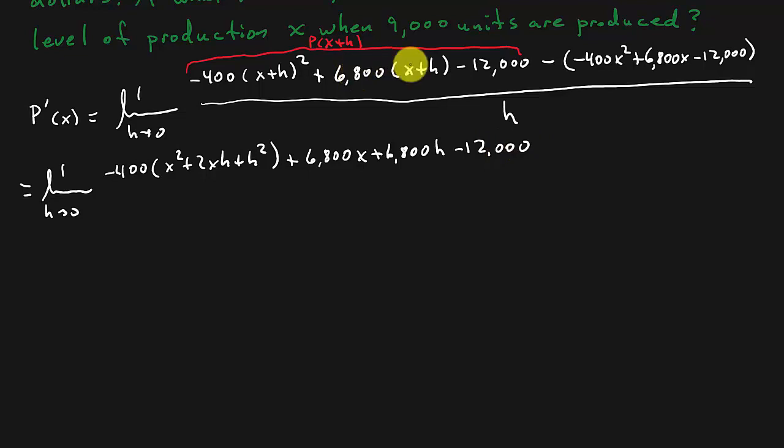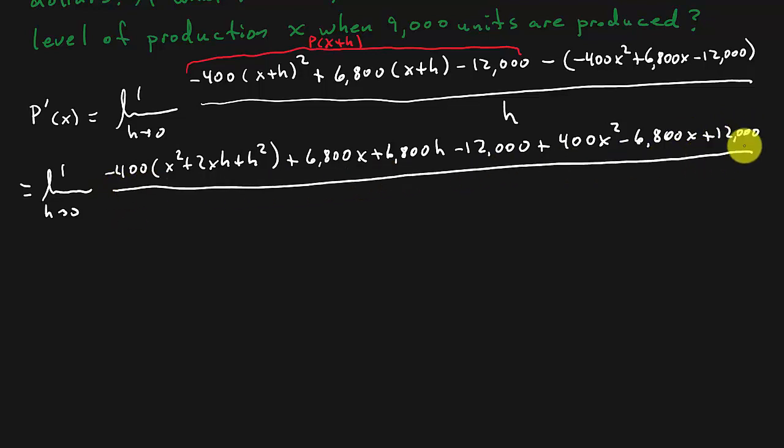I distributed the 6,800, and then that's going to be plus 400x squared minus 6,800x plus 12,000. And that is all over h. Okay, so that's a lot to squeeze in there. And what I did to go from here to here, I just distributed that negative sign.